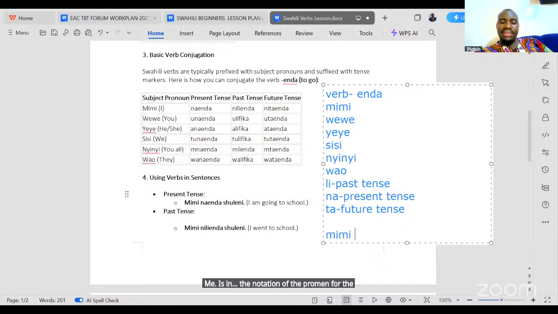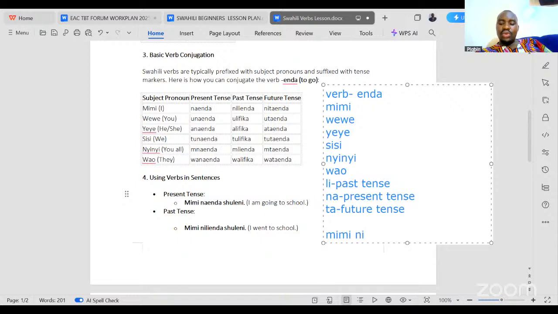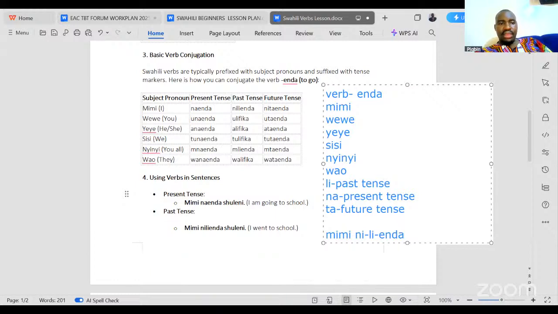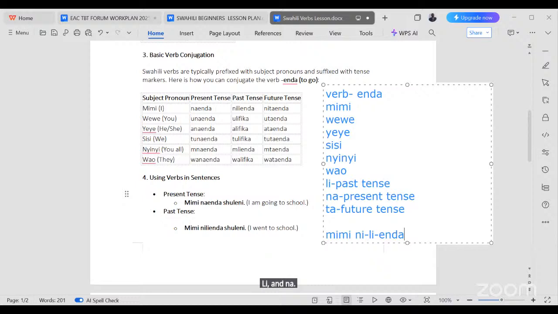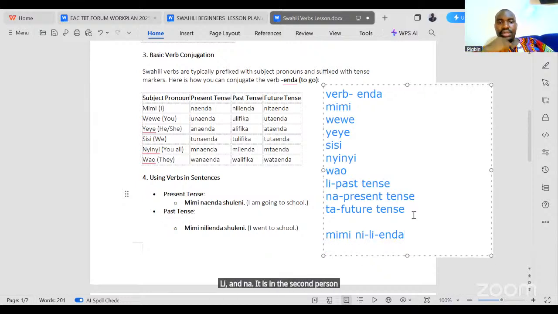So it will be mimi, me. Then the next word will be a tense, which is past tense, which will be li. Mimi, ni, li. Then you add the verb enda. Mimi, ni, li, enda.